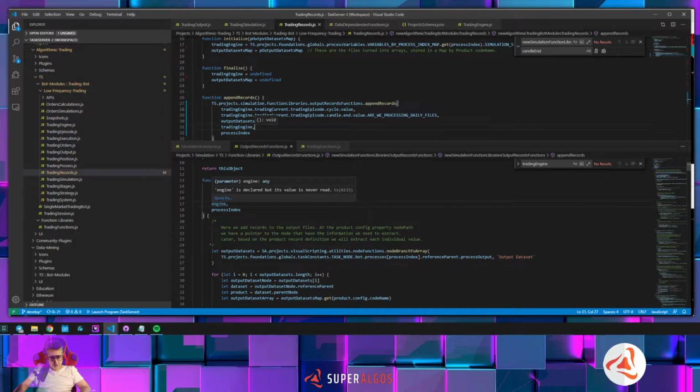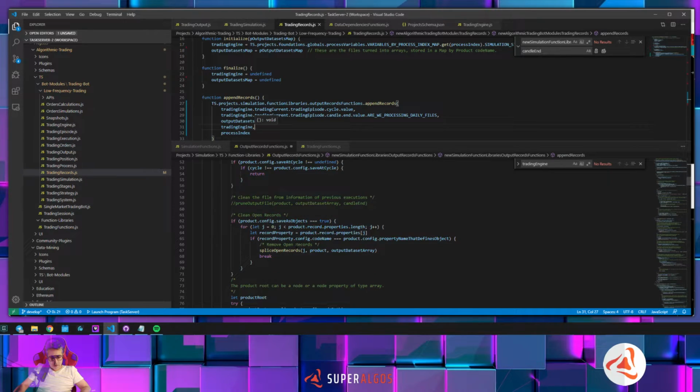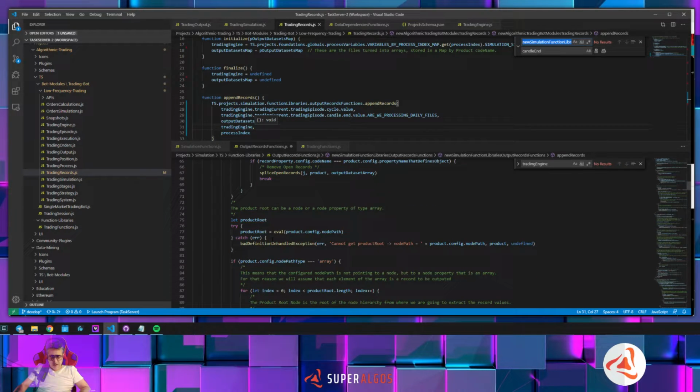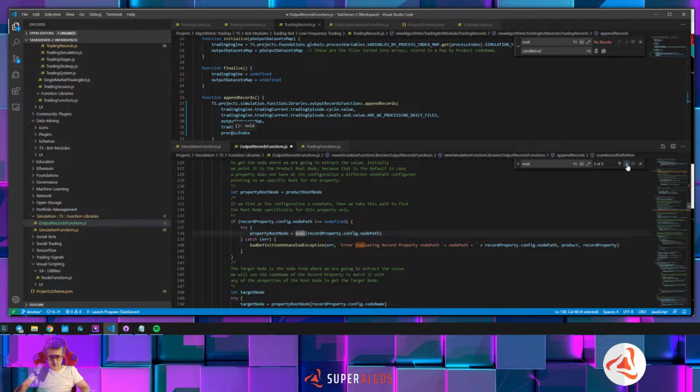But before evaluating this, how many eval stuff are there? Eval, eval. Okay, there are two.